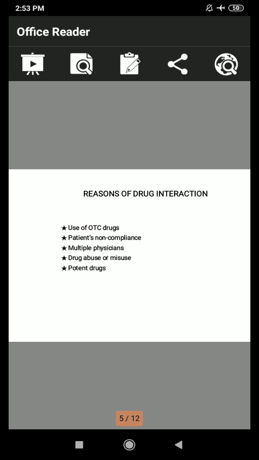Then next is multiple physicians, in that a patient receives treatment from multiple physicians for different illnesses. Then fourth is drug abuse or misuse, in that patients think that more consumption of a drug will produce quick relief, which can result in drug interaction.